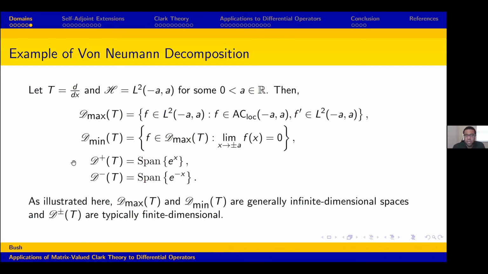And our positive and negative defect spaces are just the span of e to the x and e to the minus x respectively. In other words, our defect indices are 1, 1, right? They're both one-dimensional. In general, Dmax and Dmin are going to be infinite dimensional spaces, and D plus and D minus, we're going to talk about the cases where they're finite dimensional, and most work is done in that regime.